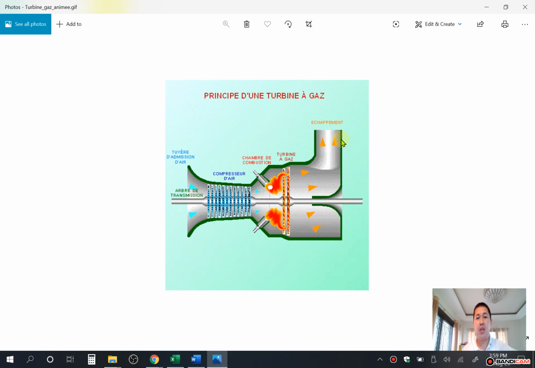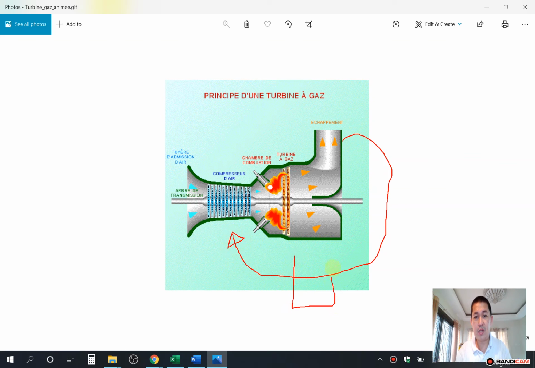But for the closed cycle, the exhaust gas will flow again back to the compressor, but it will pass here with the cooler. So there is a cooler here, or heat exchanger.